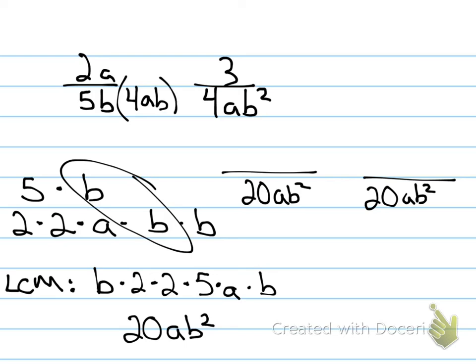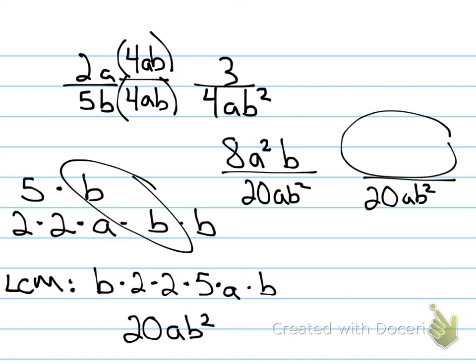Multiply by a B. So you see, guys, I'm multiplying by whatever fills in the gap to get from my old denominator to my new denominator. Whatever I do to the bottom, I do the same thing to the top. So 2 times 4 is 8. A times 8 is A squared B.